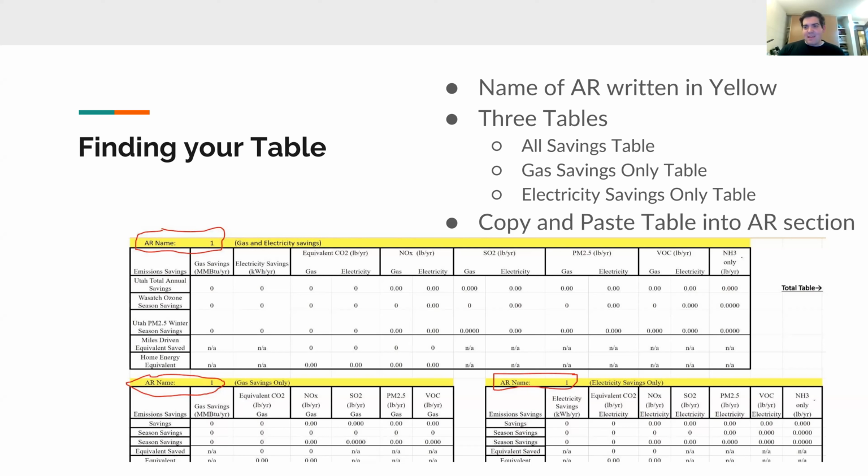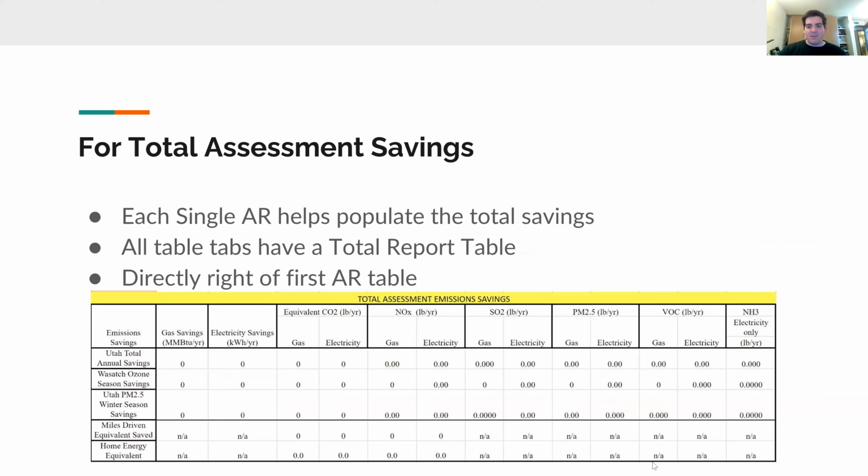So for the IIAC, we're really going to be focusing on the total table, which you can see over here. It's also in every single tab. It's directly right of the first AR table, and it'll look like this. So you've got the total assessment emission savings. If you insert multiple ARs into your data insert sheet at the beginning, it's going to add all of them up together.